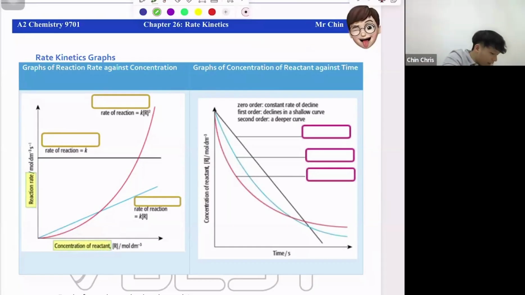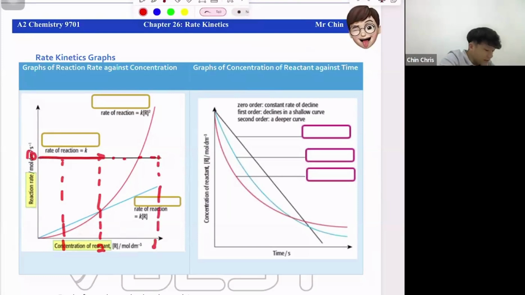I want you to look at this black line first. As concentration goes from 1 to 2, what will happen to the rate? The rate, for example, is 10. Let's say from 2, to a concentration of 4 mole per dm3, it is still staying the same.